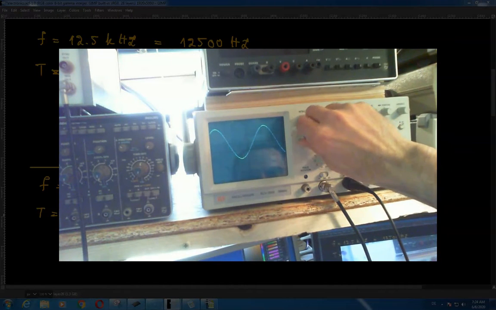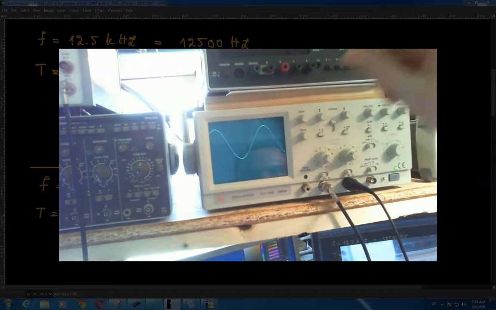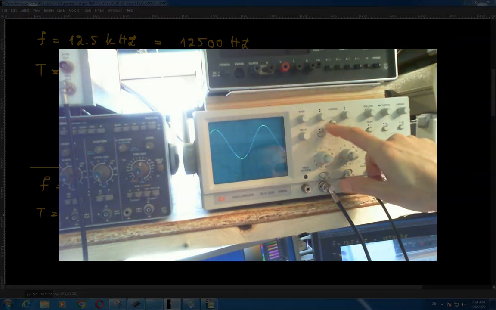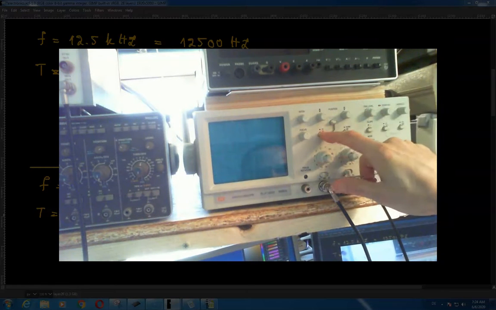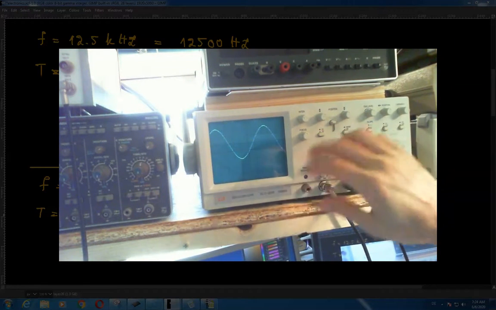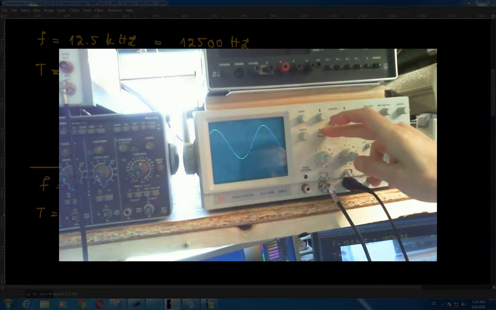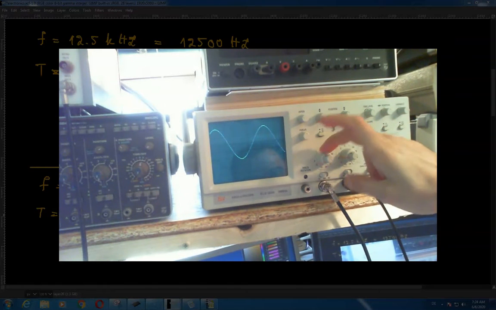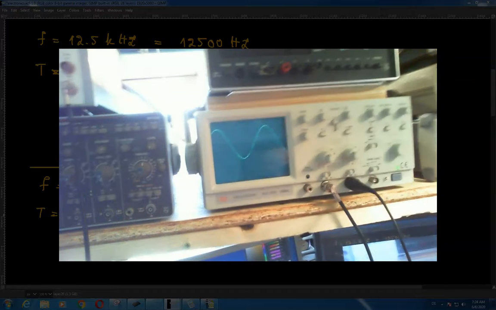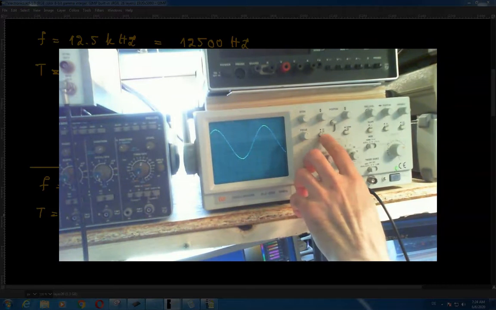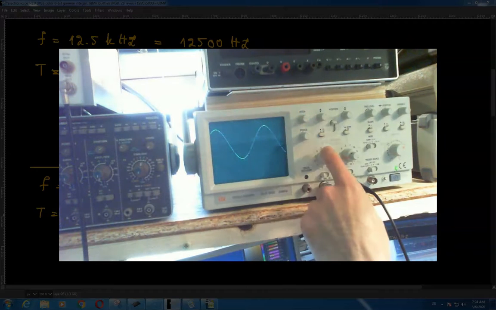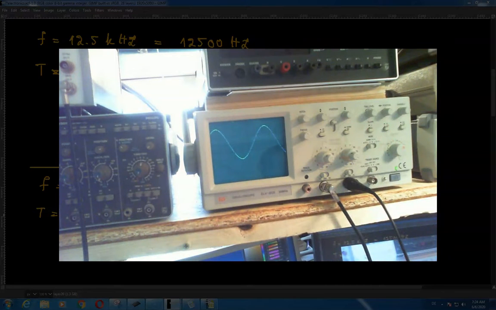There is the focus, you have to focus this in such a way that you get a crisp line over here. Then there is times 1, times 5, that essentially multiplies your amplitude by a factor of 5. Sometimes this knob over here is not sensitive enough, so you want to multiply by 5 so that you can see some waves better. We will get to that if we get a good example.